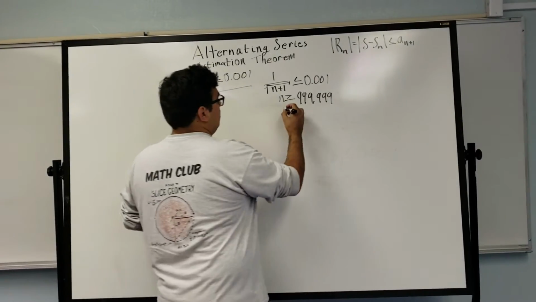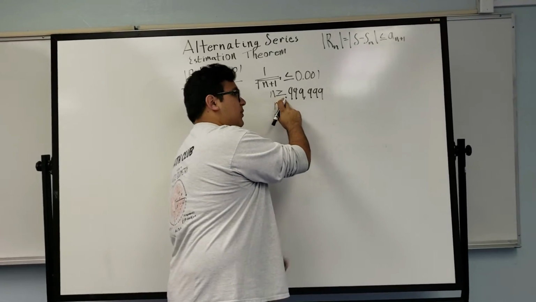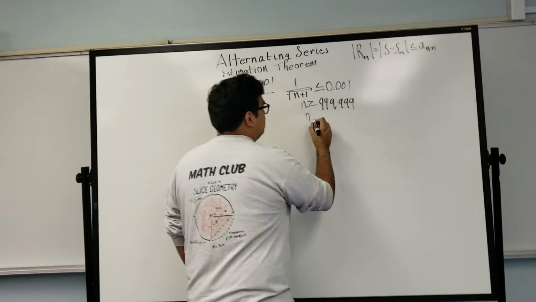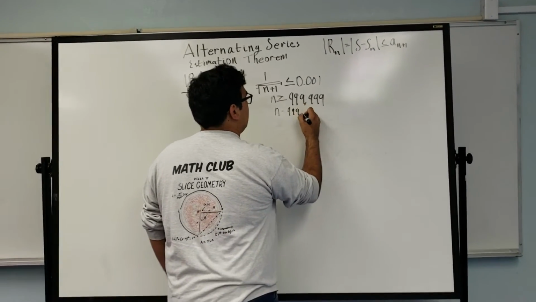So n will equal the smallest number that we can have so that this condition is satisfied. So n will be equal to 999,999.